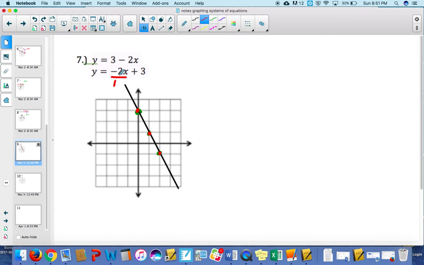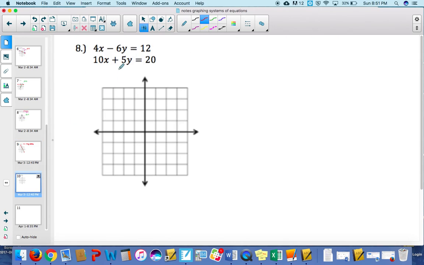So both equations produce the same exact line. And what that means is there are infinitely many solutions, because both of these lines extend forever, and all of the ordered pairs on that line would always make both of these equations true.